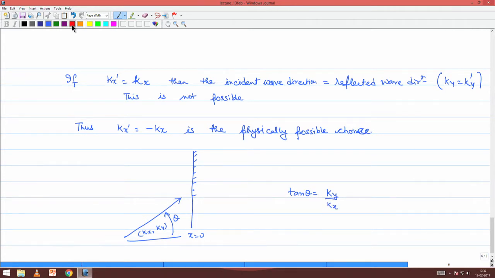And what we are now concluding is that we are going to get a reflected wave, and that reflected wave will have the wave number components as minus k x and k y, right.